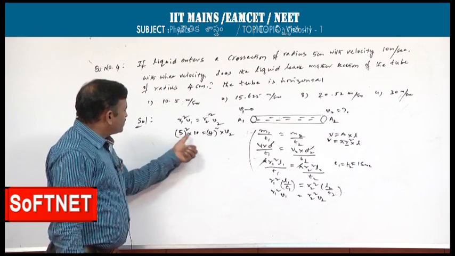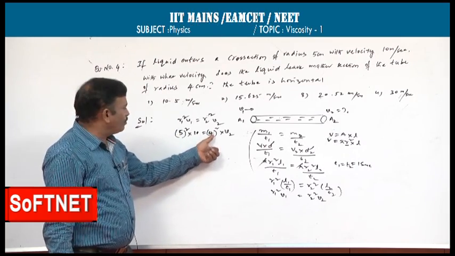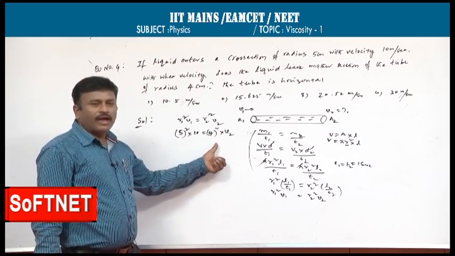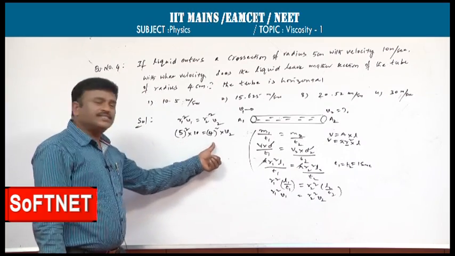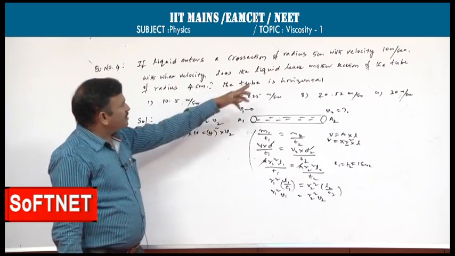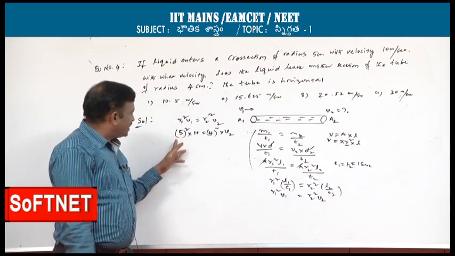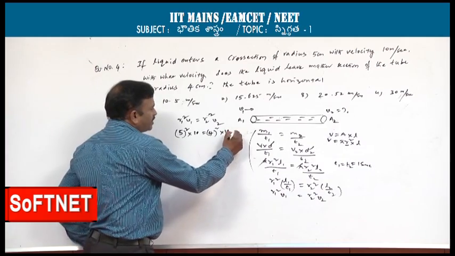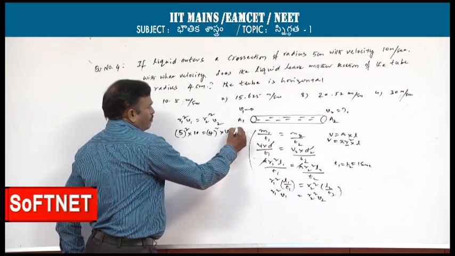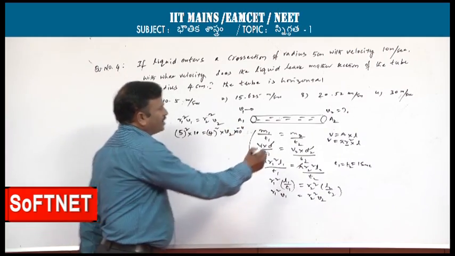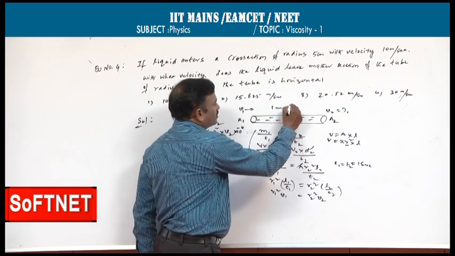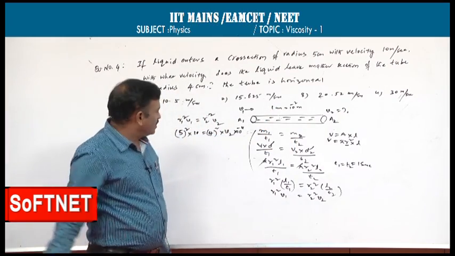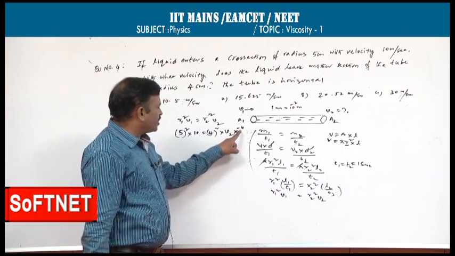Here centimeters, here also centimeters, no need to convert, because it is a ratio. On either side no need to change the units. 1 centimeter is 10 to the power of minus 2 meter, so whole square is 10 to the power of minus 4.